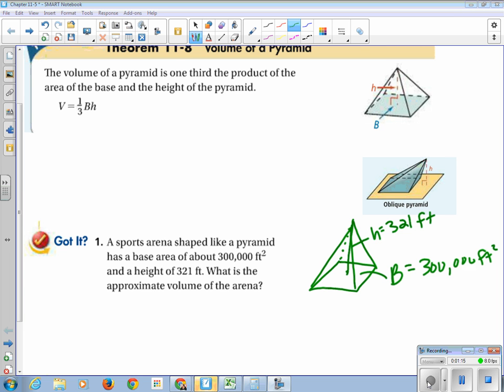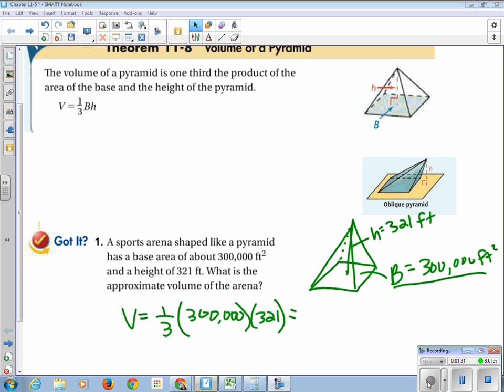What is the approximate volume? They've already calculated the base area for us, so please don't do that again. So the volume is 1/3 times 300,000 times 321. When you crunch these numbers into your calculator, you get 32,100,000 cubic feet.